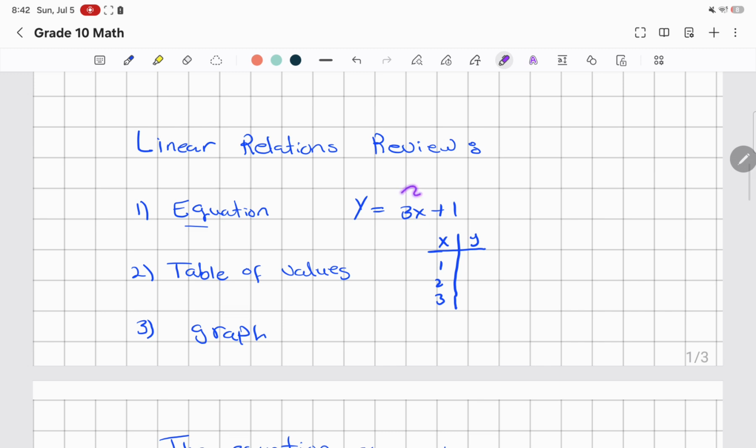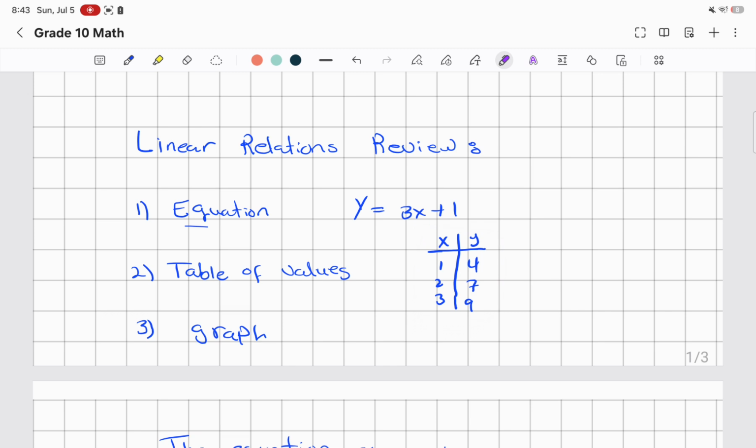So if we say 3 times 1 plus 1, that will be 4. So a y value of 4. Then if we enter 2, it will be a y value of 7, and a y value of 9 for 3. Okay, so that's what a table of values looks like. We'll go into depth later on in the course.